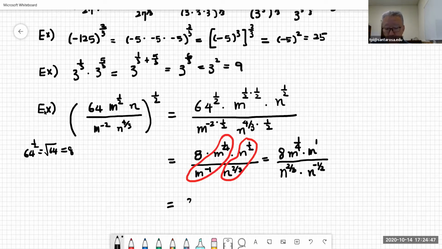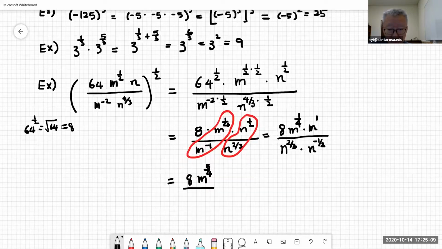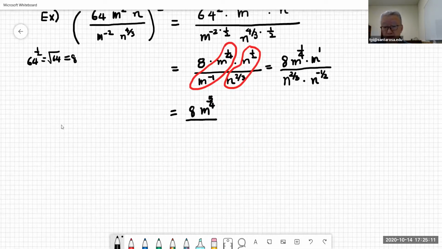So now if I combine the m, 1/4 plus 1, you get 5/4. Okay, so you got m to the 5/4. And at the bottom over here, you got 2/3 and the minus 1/2. So we need to come up with a common denominator here. That would be 6.